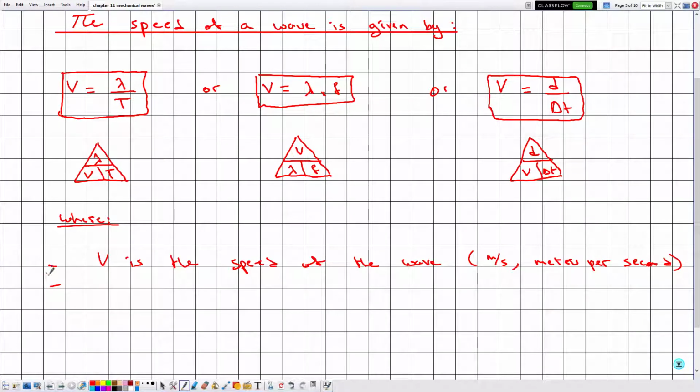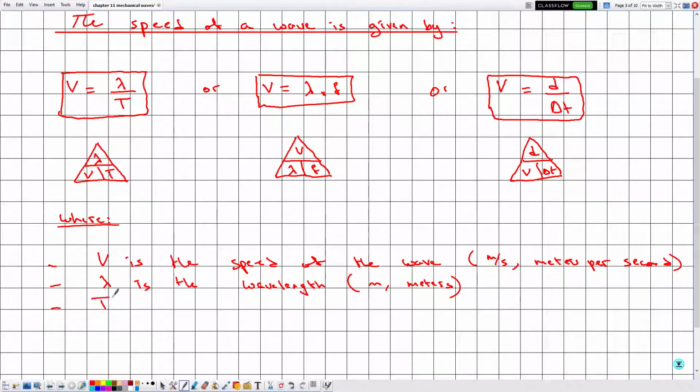Now as for lambda, lambda is the wavelength, and its SI unit is given by m, which stands for meters.